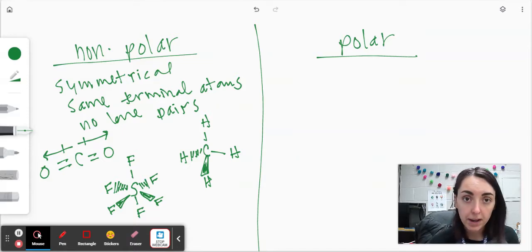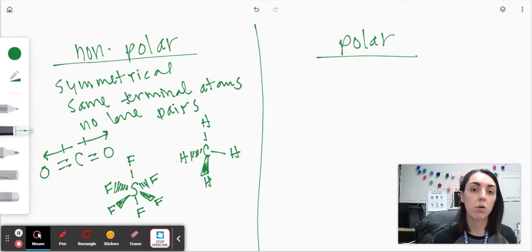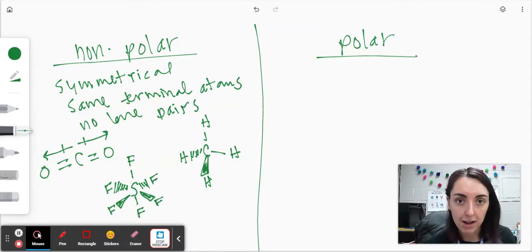So no lone pairs, and all the atoms around the outside are the same, because that means even if you have a polar bond, it'll all get canceled out because it's a symmetrical molecule.